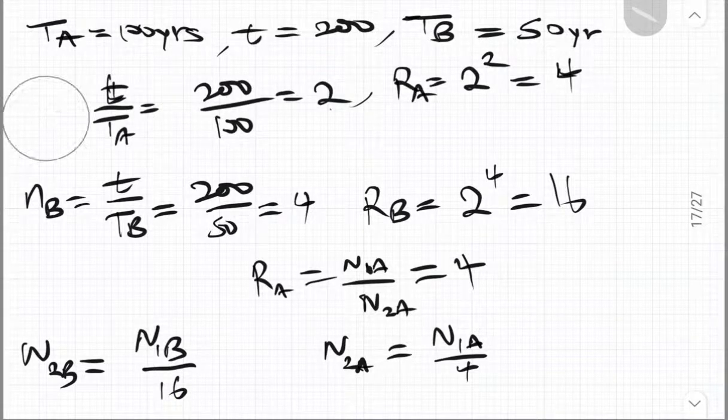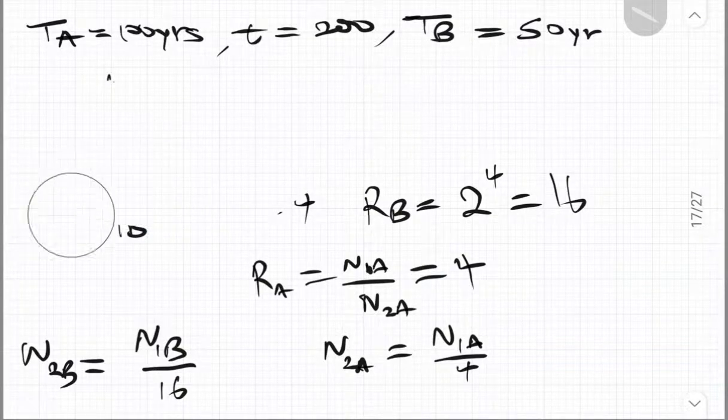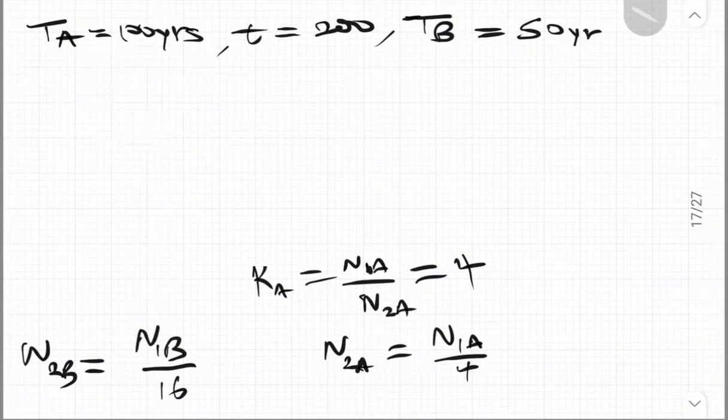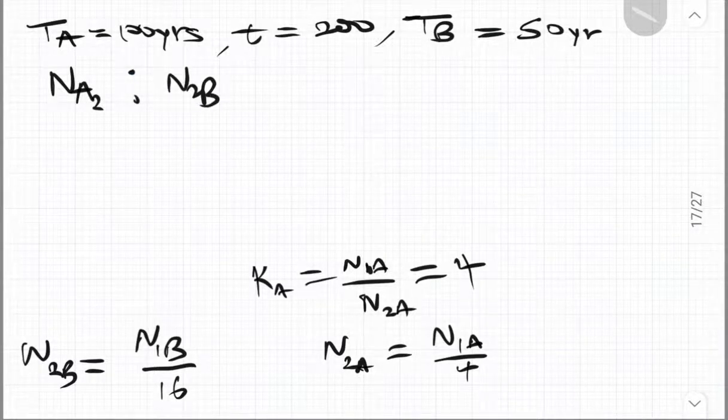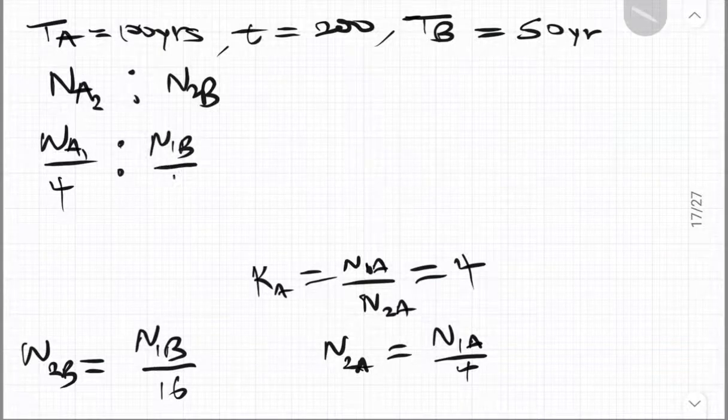So let's clean up some space here. We are trying to look at the ratio between N2 of A to N2 of B. N2 of A is N1 of A over 4, and N2 of B will be N1 of B over 16.